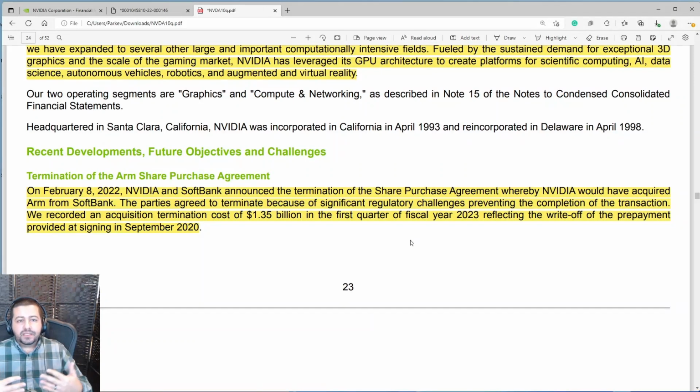Sometimes when companies enter into an agreement to buy another company, there will usually be a clause in there that states if something was to prevent this transaction from completion, the acquiring company would pay the acquiree a certain fee for taking part in this process, right?